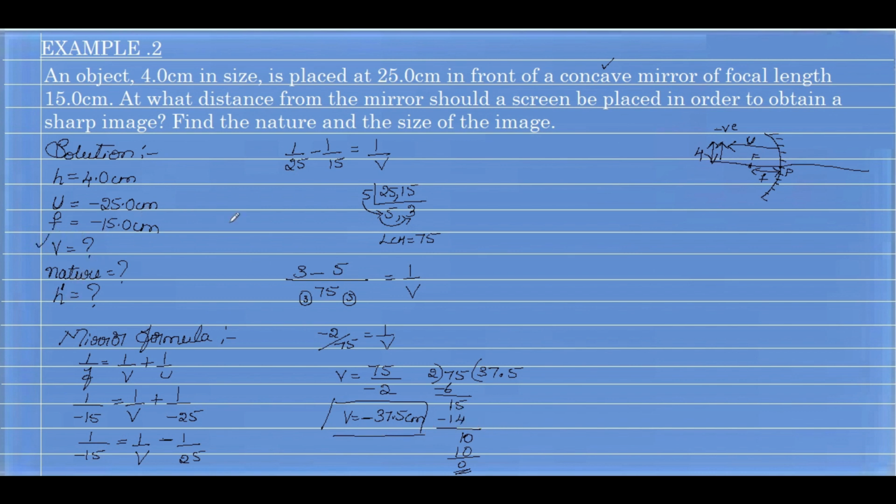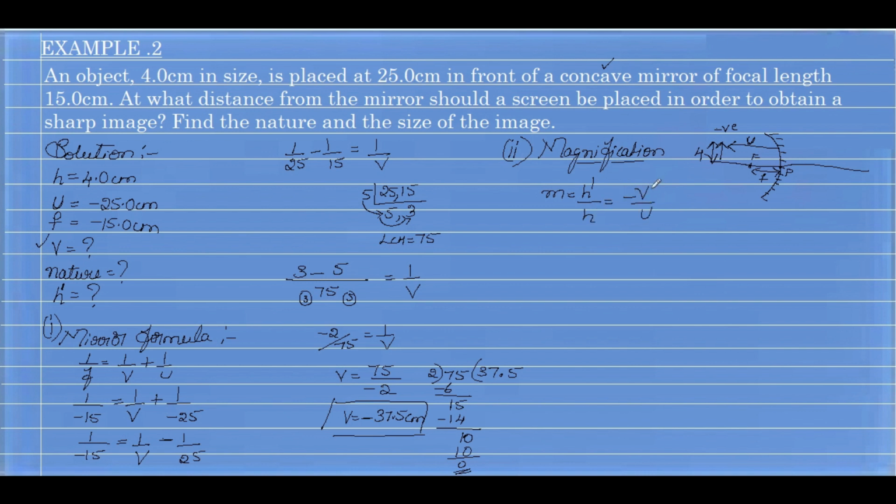Next we need to find out h dash. That is by magnification. So actually we don't want magnification here. We need to find out the h dash, that is the size of the image. Okay. That is m is equal to h dash by h is equal to minus v by u.